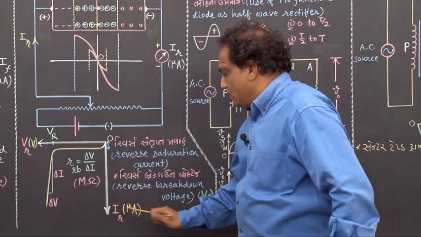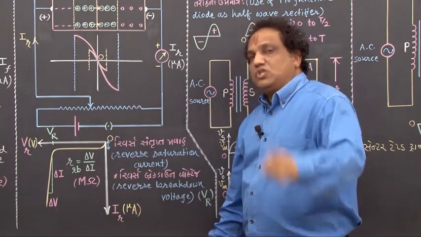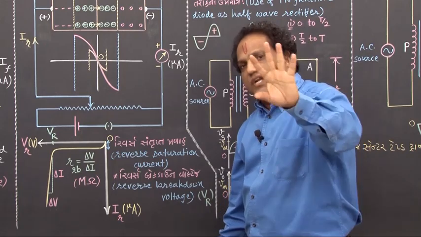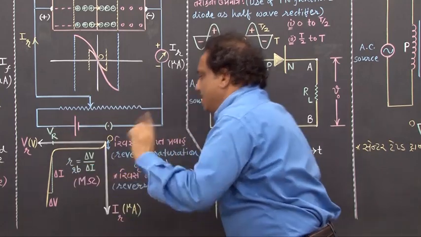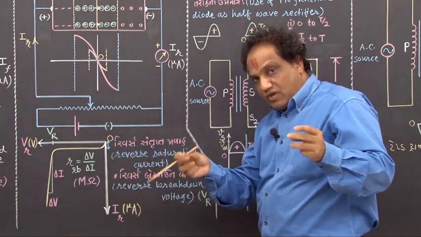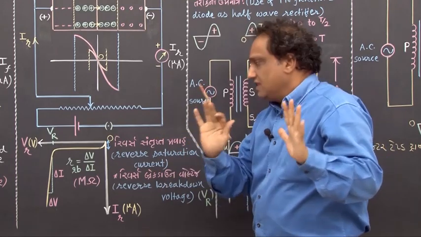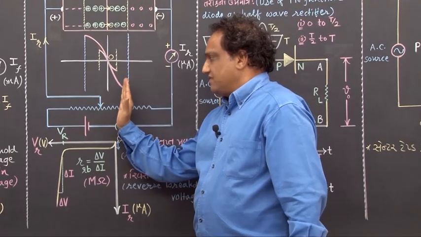It is found to be of the order of microampere, 10 raised to minus 6 ampere. So that current is not only constant, but almost zero. That very small constant current is known as reverse saturation current.